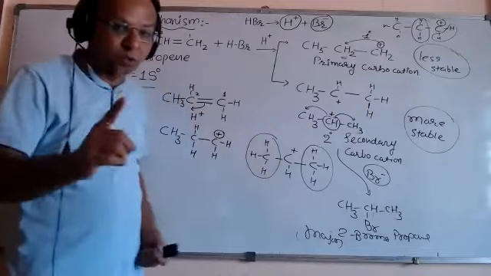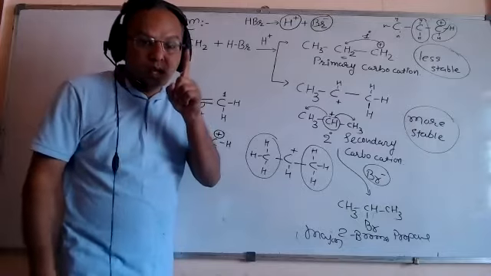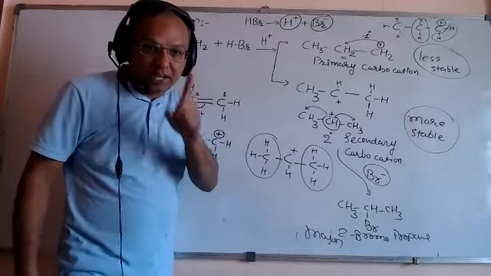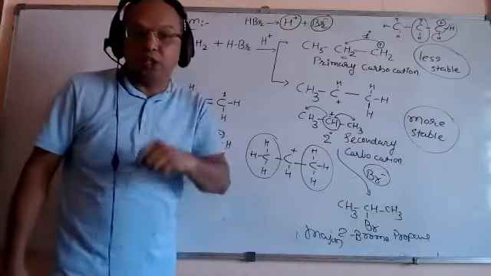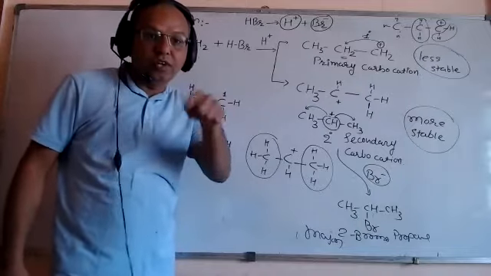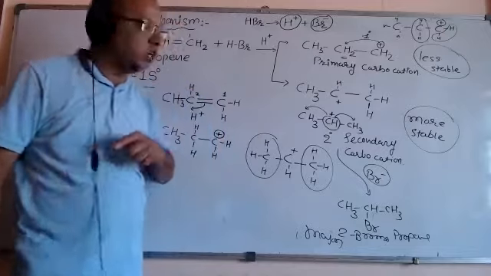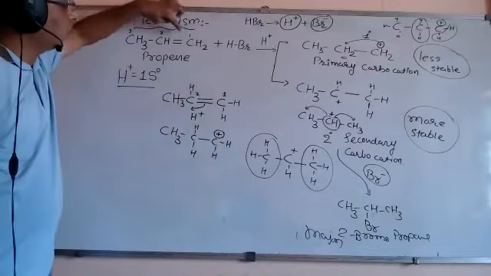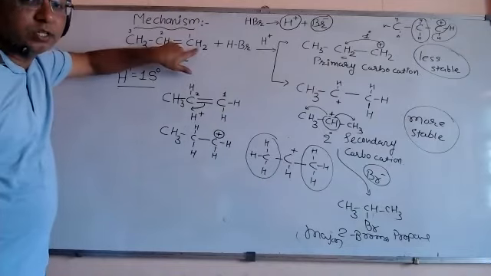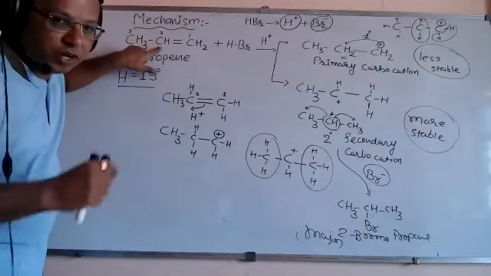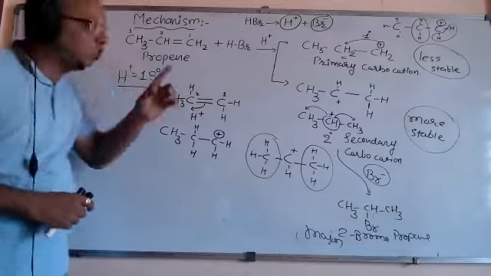I repeat the Markovnikov rule here. As per the Markovnikov rule, hydrogen out of HX will join the carbon having more hydrogens, and halogen will add to the carbon having fewer hydrogens. So you can see here, out of the first and second carbon, this carbon has two hydrogens and this carbon has one hydrogen. We are considering only the carbons having the double bond. So don't think about this.